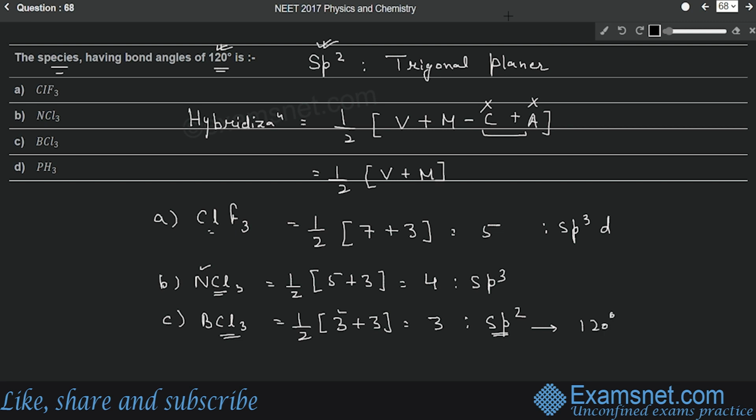If we check the last one, PH3. Here the number of valence electrons on phosphorus will be 5 plus 3 hydrogen, that is 3 monovalent atoms attached. So half into 8, that is 4. Again here the hybridization will be sp3. So we have got the correct answer. Option C will be the correct answer because its hybridization is sp2. Therefore the bond angle will be 120 degree.